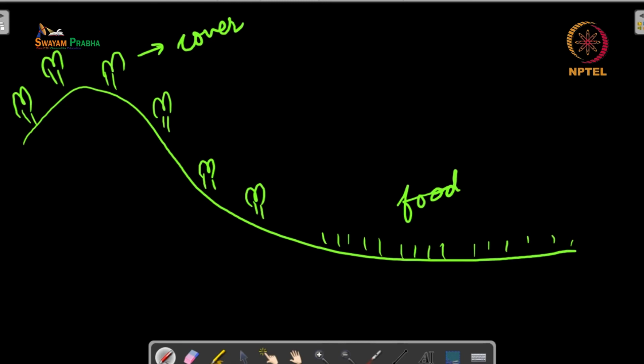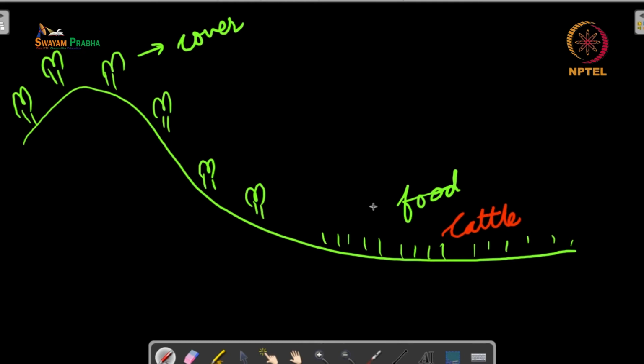But now, when humans enter the scene, they bring their cattle here, and with the cattle, they also bring their dogs, their sticks, and their weapons. Now, a large number of wildlife is unable to compete with the might of humans.